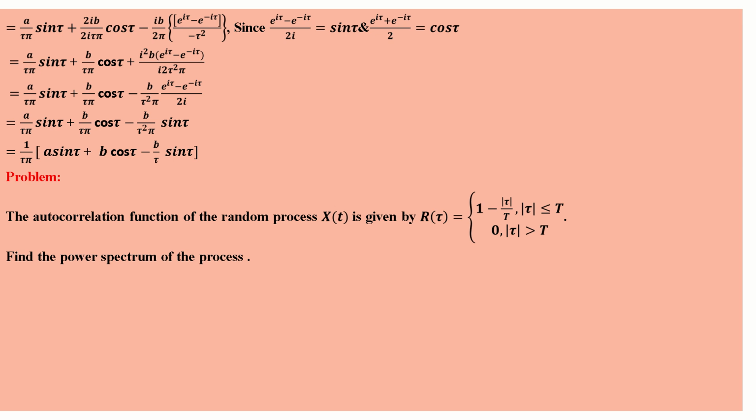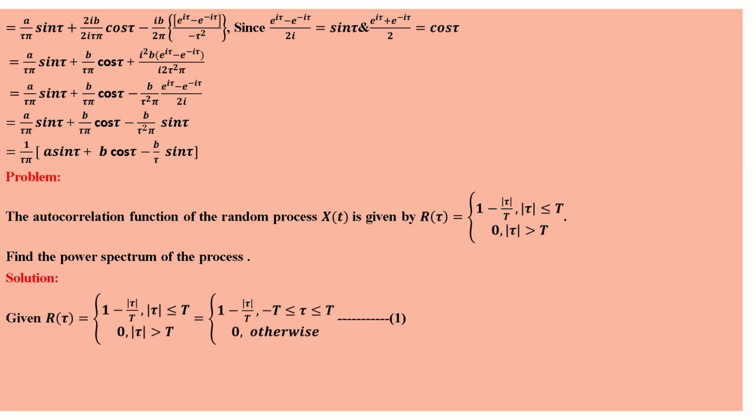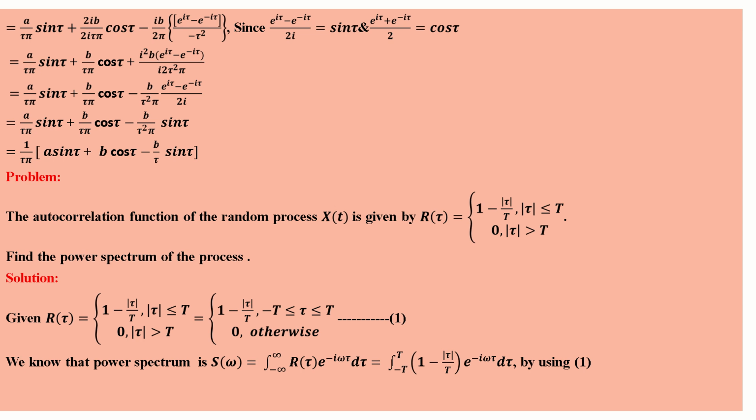We know power spectrum is S of omega, which is equal to the Fourier transform of R, integral from minus infinity to plus infinity R of tau e power minus i omega tau d tau, which is equal to integral from minus T to plus T, applying 1 here, 1 minus modulus tau by T e power minus i omega tau d tau, right?